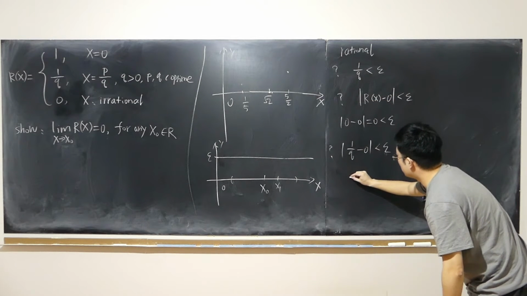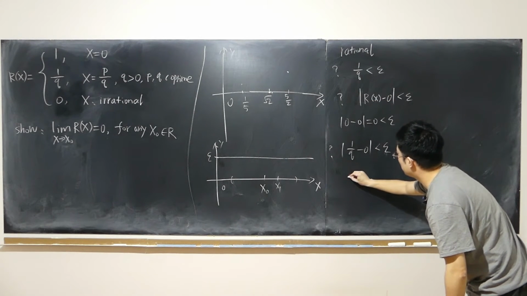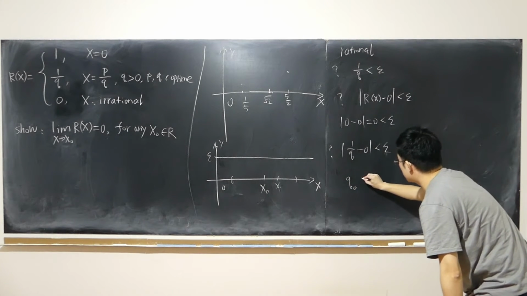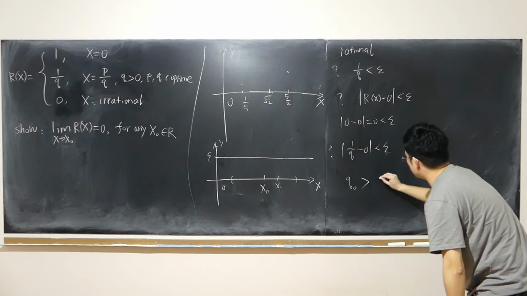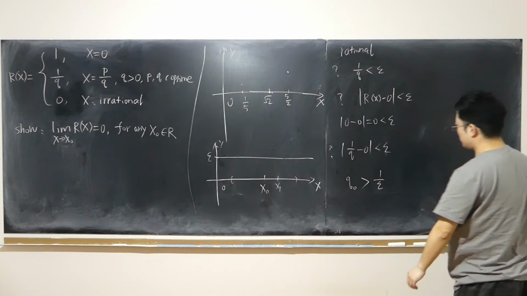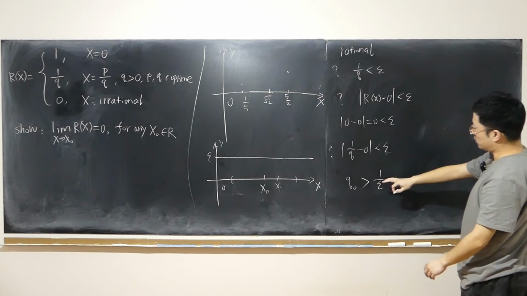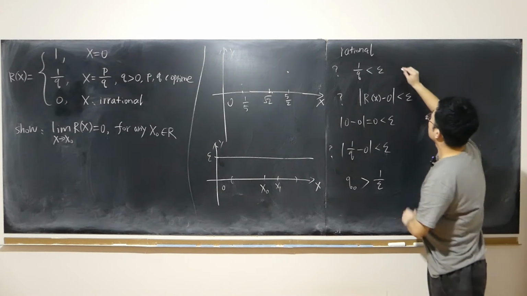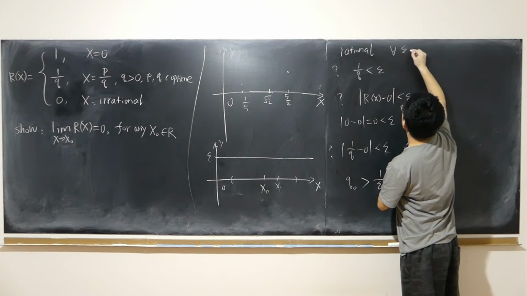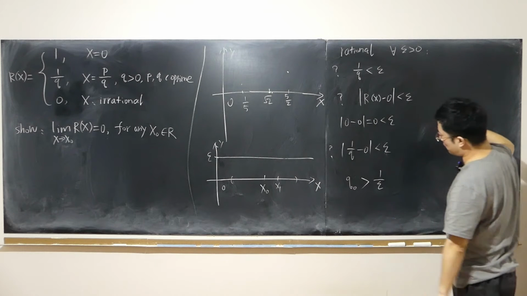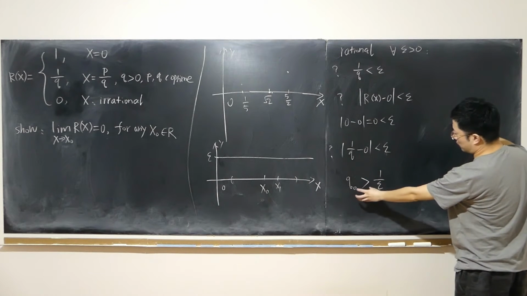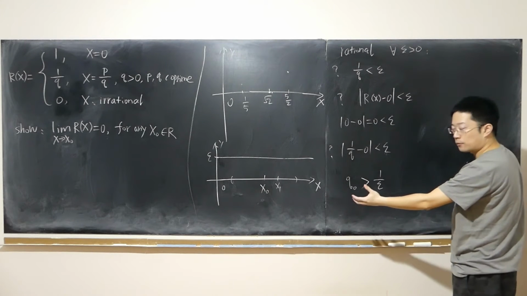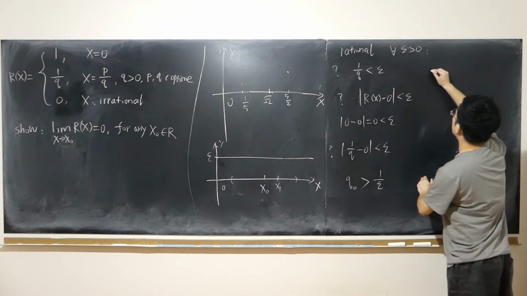So all I need to do is fix a q naught and make sure q naught is bigger than 1 over epsilon, the reciprocal. Given any epsilon greater than 0, I can always find a q naught that's big enough, bigger than 1 over epsilon. It's always doable. Now, I fix q naught.